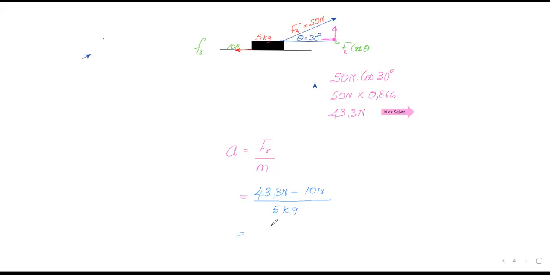That will result into 33.3 divided by 5 kg. On your calculator, that will be 6.66 meters per second squared. That will be the produced acceleration of the object.